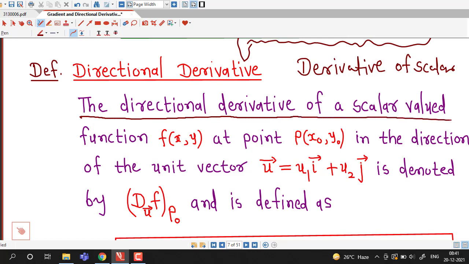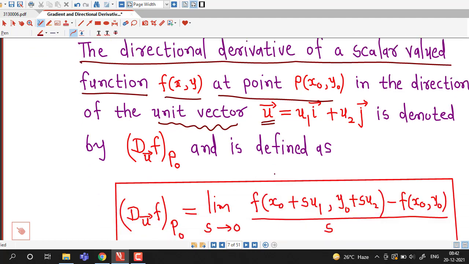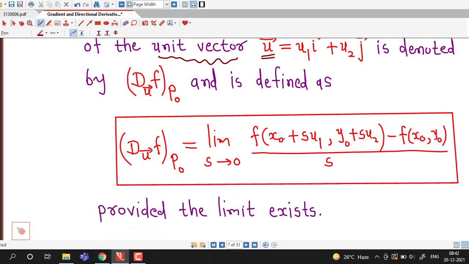The directional derivative of a scalar valued function f(x,y) at point p(x0, y0) in the direction of unit vector given by u bar equal to u1 i plus u2 j is denoted by this notation, df at point p0, and here in this suffix we will write down this u bar vector and is defined using this limit of f of x0 plus s times u1, y0 plus s times u2, minus value of function at x0 y0, divided by s, and we consider limit as s is approaching 0.